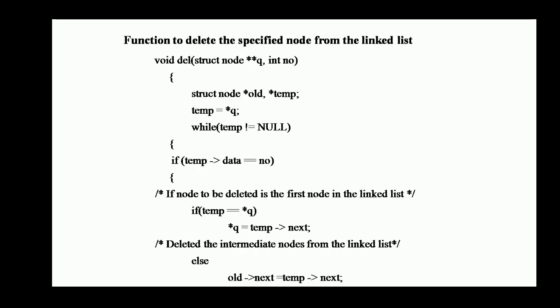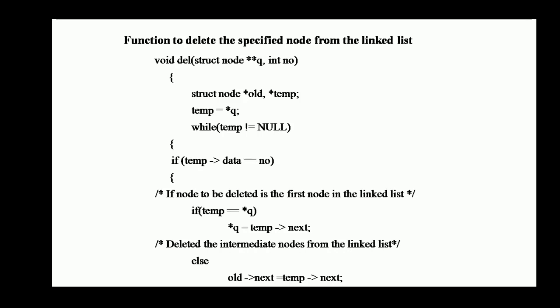In case data is equal to number, then you go to the first element and delete the first element. Okay, if temp double equal to star q, then star q equal to temp points to next, ended with a semicolon.